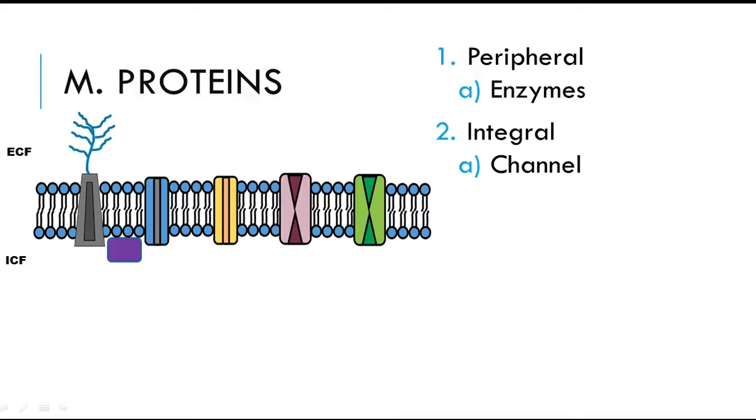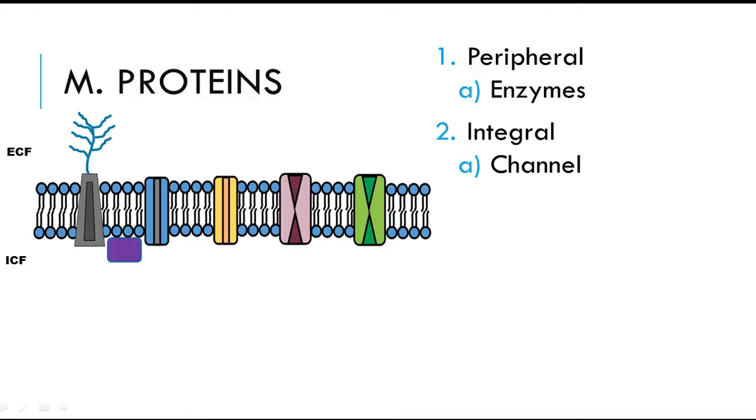So the things that will be entering or exiting through the channel protein, do they also have to be amphipathic? That's a great question. What would be moving in and out of a cell through said channel protein? Does it have to be amphipathic, or what's going on? What type of solubility might a particle have that would be moving through a channel?